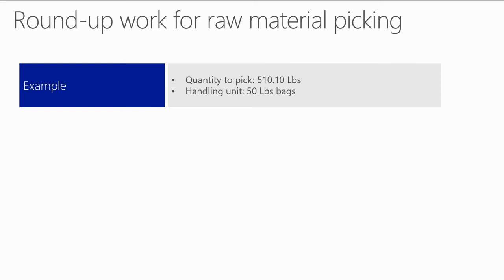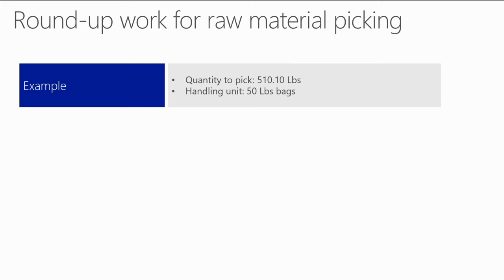We want to manufacture 4,400 pounds of something, and in order to do that, we need 510.10 pounds of an ingredient. And we also consume it in pounds. But the reality is that the warehouse worker sees bags, 50-pound bags, or pallets, different handling units.